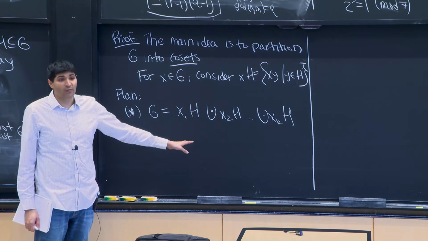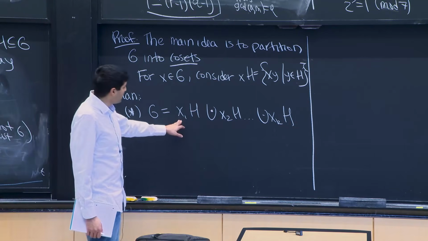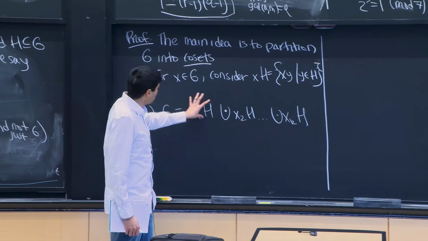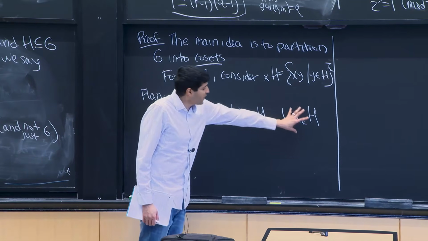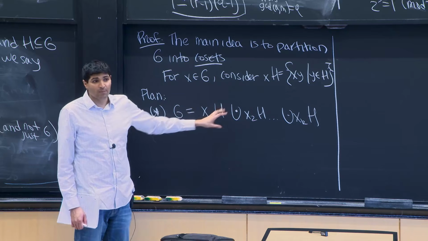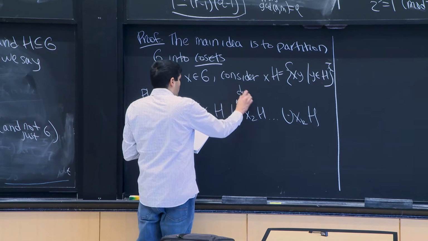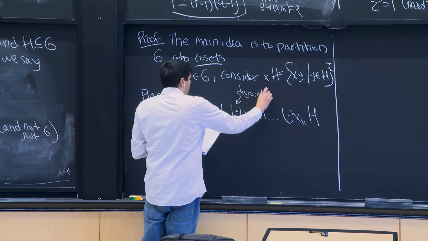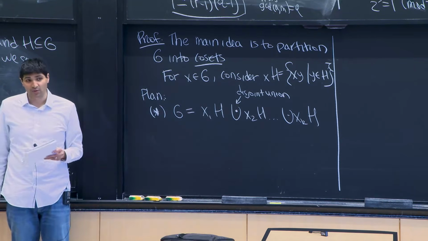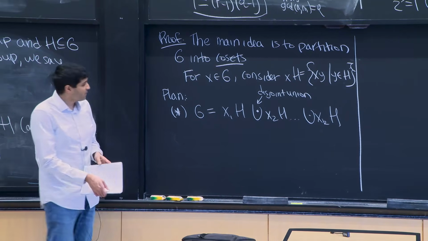I haven't told you how to find them; we'll talk about that in a minute. But I want the property that I can choose x1 through xk so that their resulting cosets together make up G and there's no overlap between them. So the symbol means it's not just the union, it's the disjoint union. I want all of these things to have empty intersection. Okay? So that's my plan.